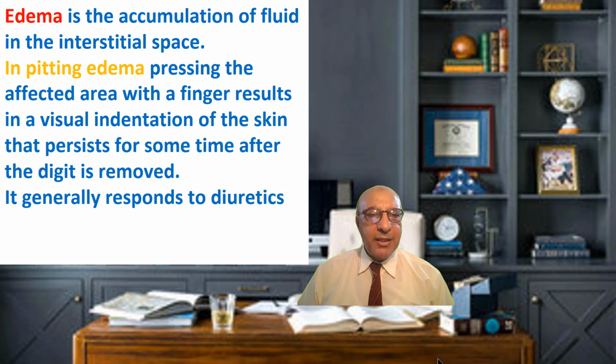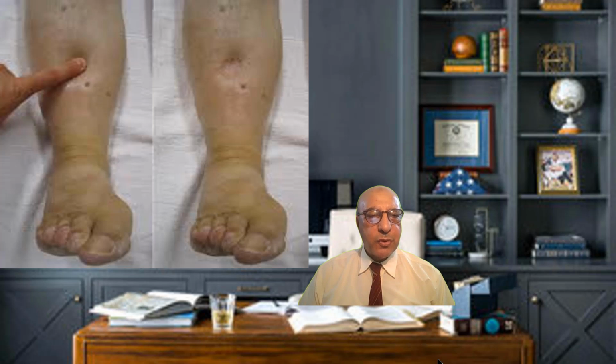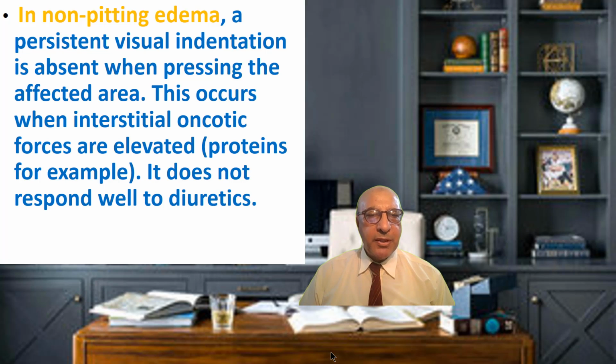The first we call pitting edema, because pressing the affected area, especially over a bone, like at the malleolus or at the lower end of the tibia, with a finger results in a visible indentation of the skin that persists for some time after the digit is removed. And this type is important to recognize because usually it responds to diuretics. If you look at this photo here, you will notice that there is bilateral edema, bilateral indentation left after some pressure over the lower limb. This is what we call the pitting edema.